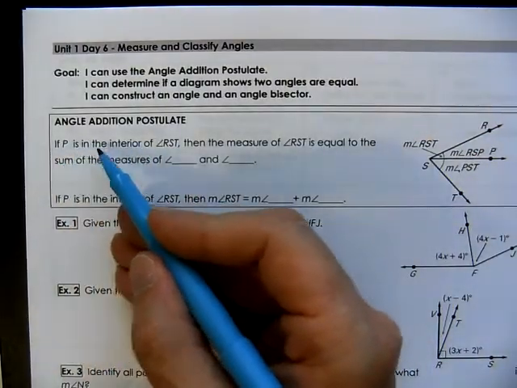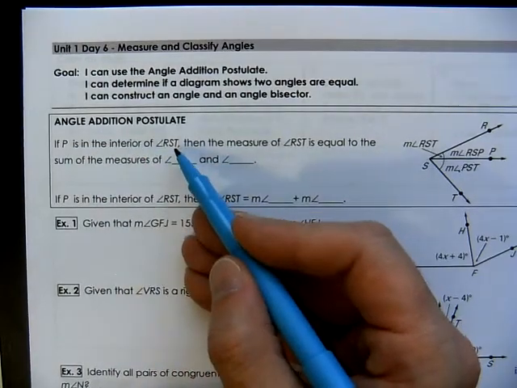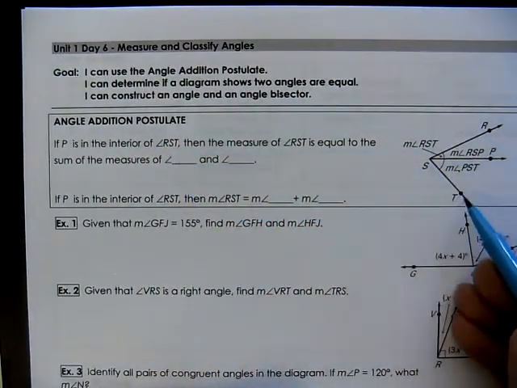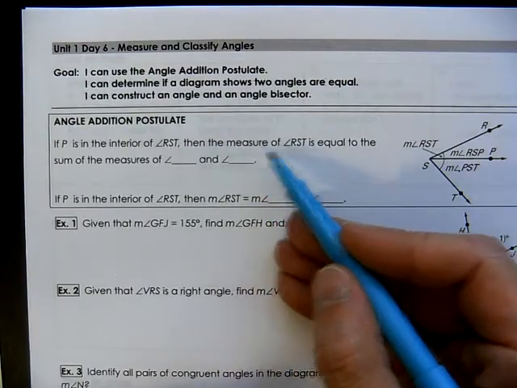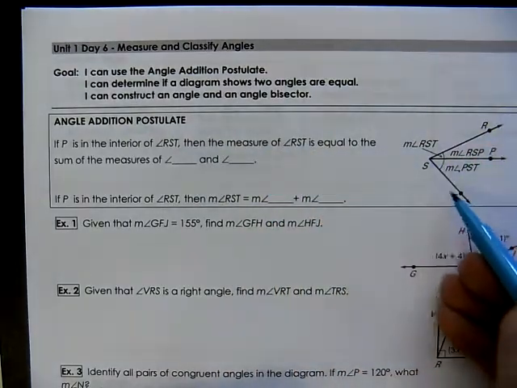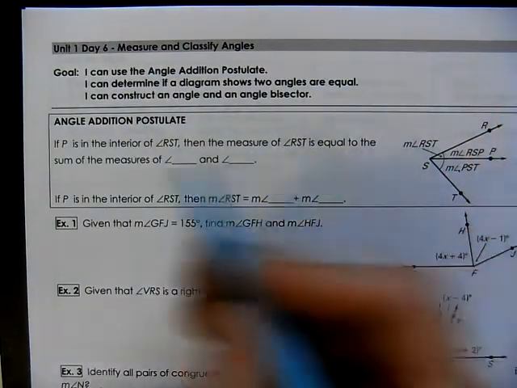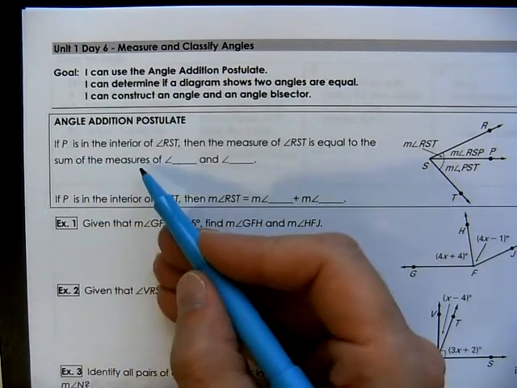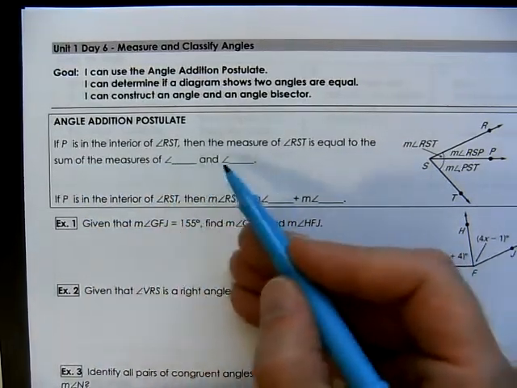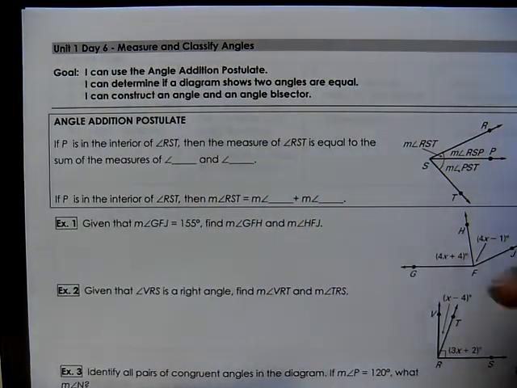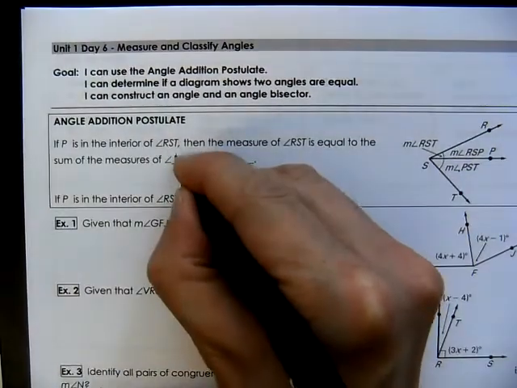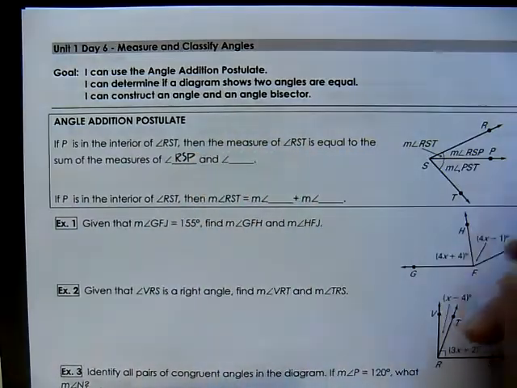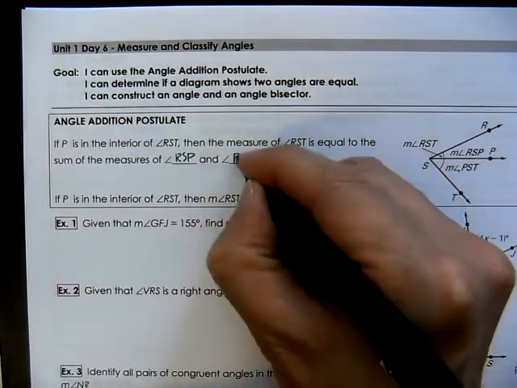If point P is in the interior of angle RST, then the measure of angle RST, that big angle, is equal to the sum, because we're adding them up, the sum of the measures of those two smaller angles. So let's name them. We have an angle called angle RSP and an angle called PST.